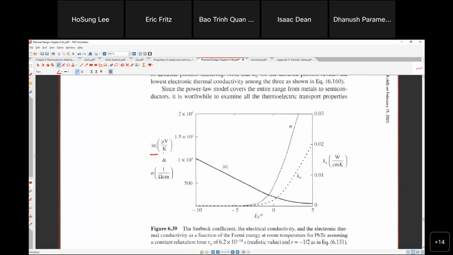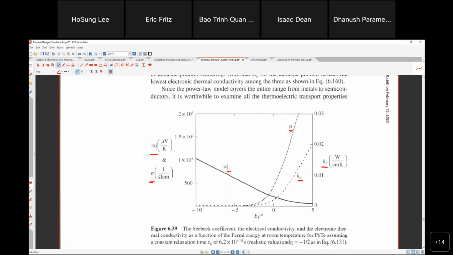So when we look at it, the Seebeck coefficient is plus or minus, so take the absolute value, for holes or electrons, along with the electrical conductivity and electronic thermal conductivity. Look at that. This is the result.